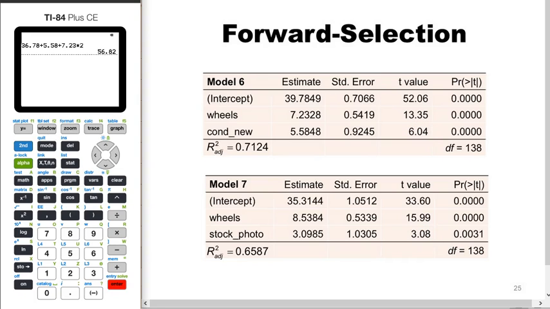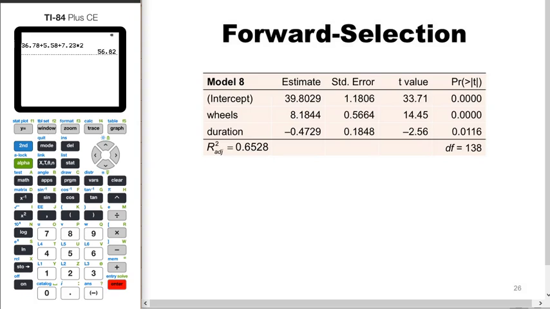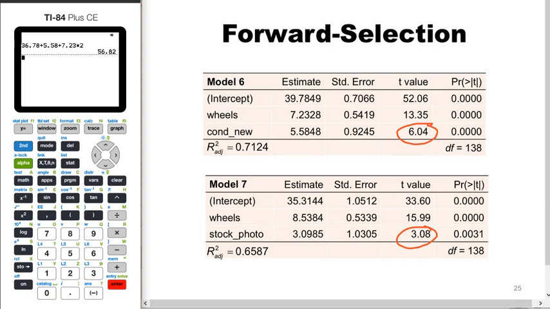Duration, in this case, would have been important, but my test statistic is negative 2.56, the one that's closest to 0. What that means is I'm going to go with model 6. Wheels is an important variable, and con_new is an important variable. So now I'm going to have both these variables in my model.